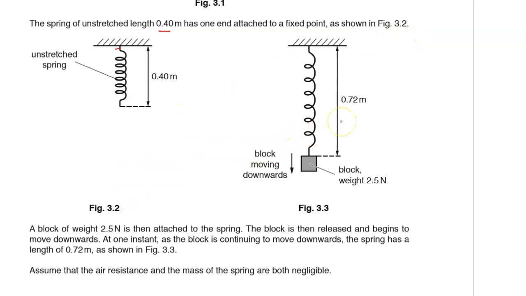Then a block of weight 2.5 newtons, this block here, is attached to the spring. The block is then released and begins to move downwards. At one instant, as the block continues to move downwards, the spring has a length of 0.72 meters, as shown in fig 3.2.